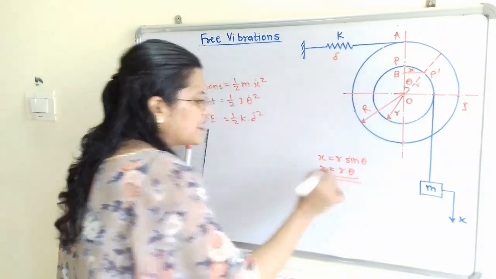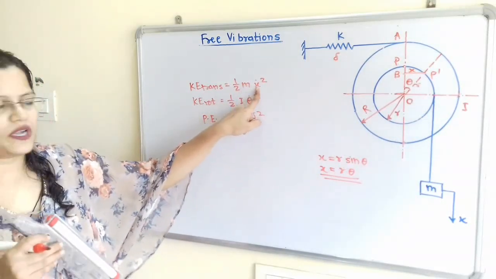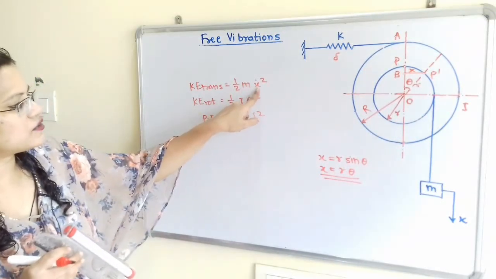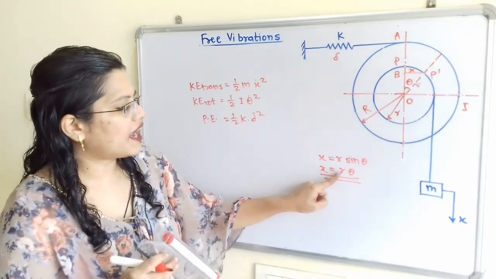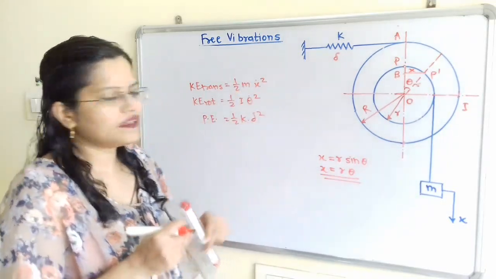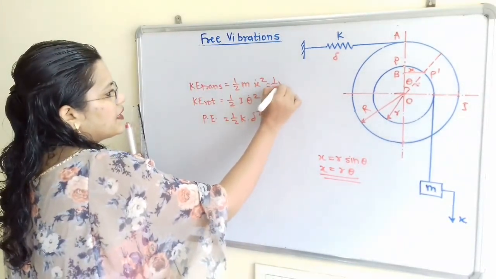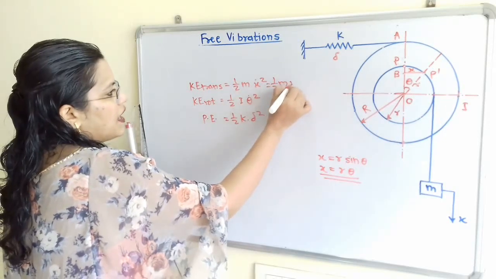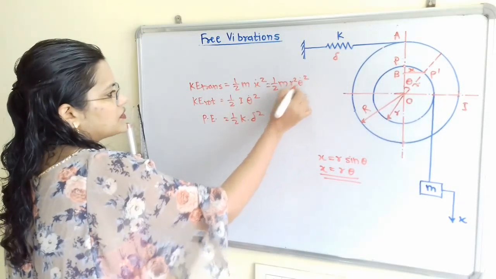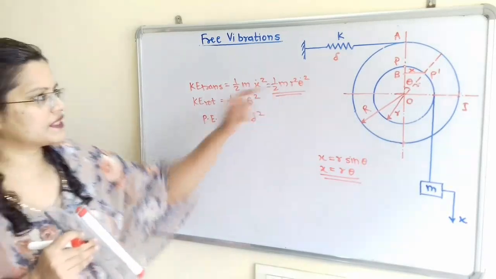This is the relation between x and theta, so we can put it in this formula. So x dot is equal to r theta dot, and x dot square is equal to r square theta dot square. So we write half m r square theta dot square. This is the final formula in terms of theta.